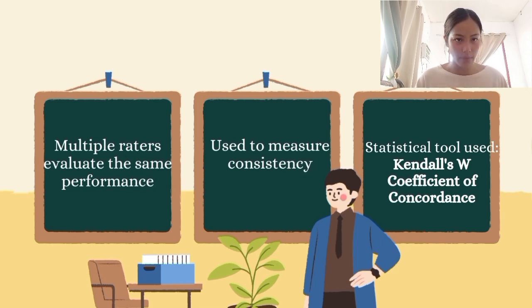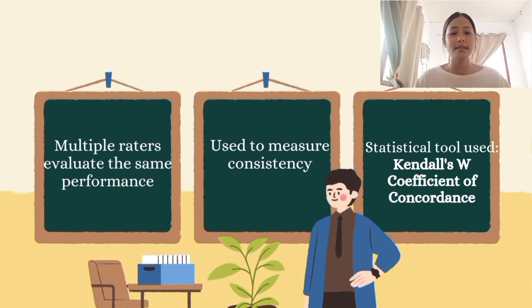When more than one person evaluates student work, we need to measure how much the raters agree with each other. This agreement is very important because it ensures that the rubric scoring is reliable.